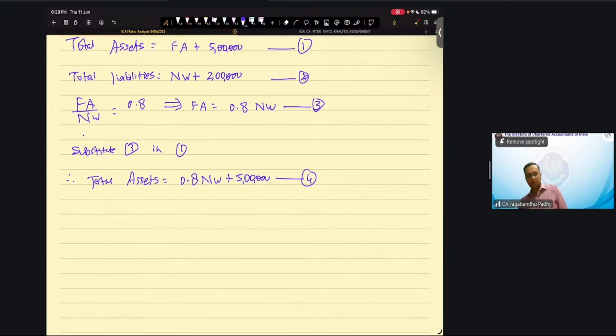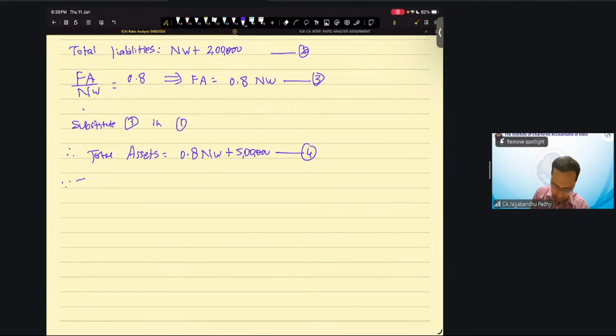Now, of course, we know that total assets and total liabilities should be equal. So it simply means total assets is 0.8 times of net worth plus 5 lakh, and total liabilities is net worth plus 2 lakh.